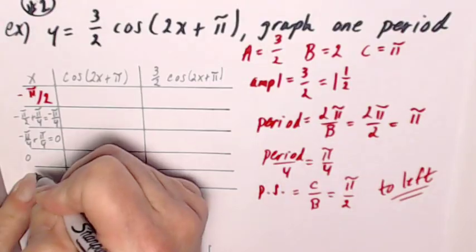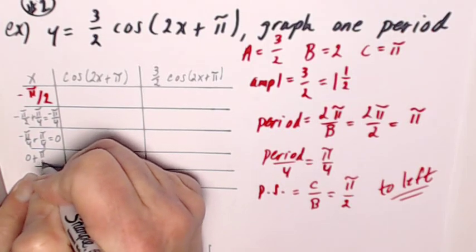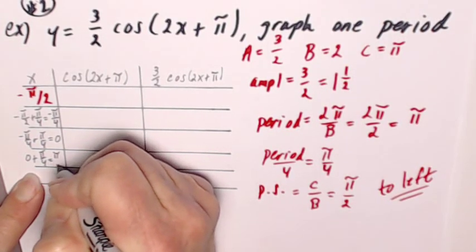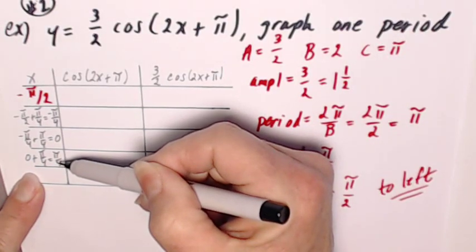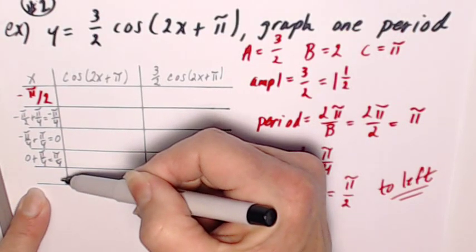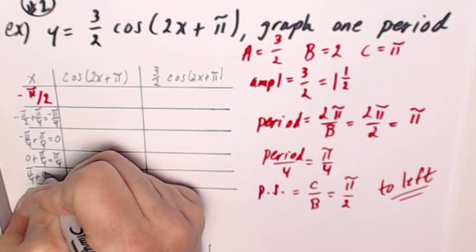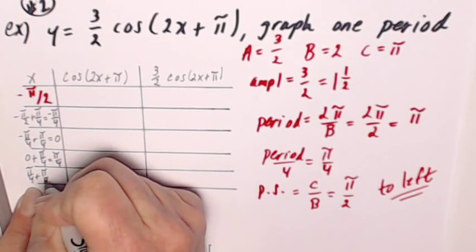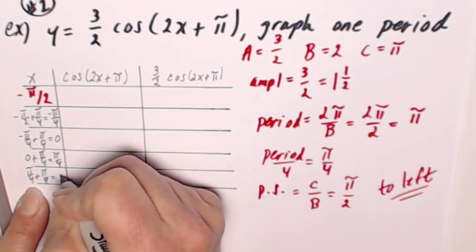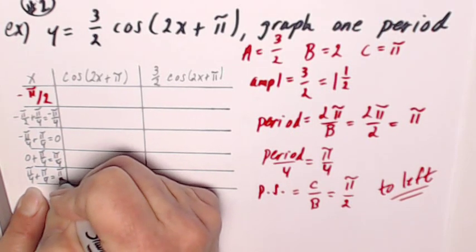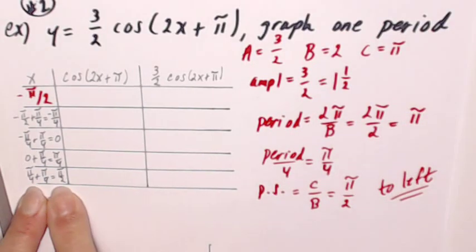Now we have 0 plus pi over 4, which gives us pi over 4. So we have 1, 2, 3, 4 of our key angles. And for the last key angle, we have our pi over 4 plus our increment of pi over 4. And this gives us 2 pi over 4, which is just pi over 2.